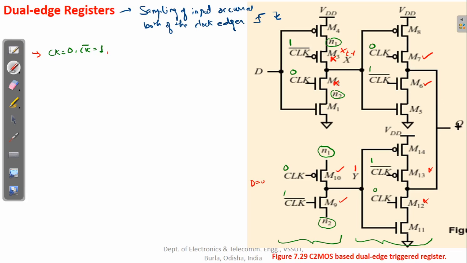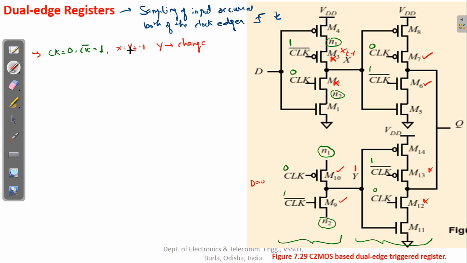Okay, so I can write here that X would be xt minus 1, okay, and Y will change, right?